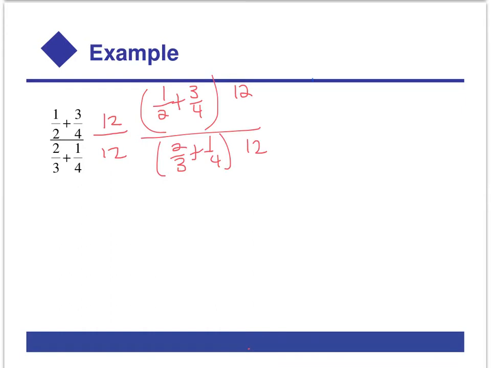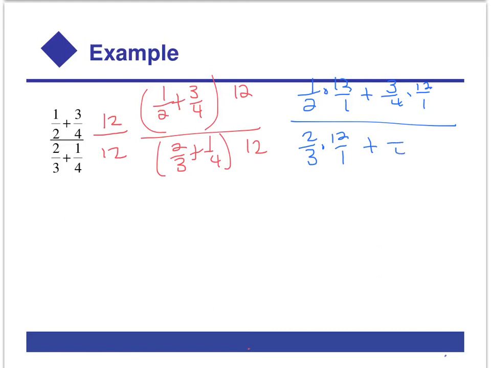So this is saying 1/2 times 12 over 1 plus 3/4 times 12 over 1, all over 2/3 times 12 over 1 plus 1/4 times 12 over 1. And then we just go from there.